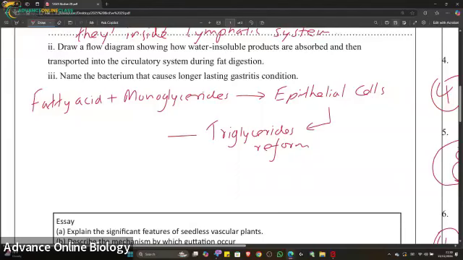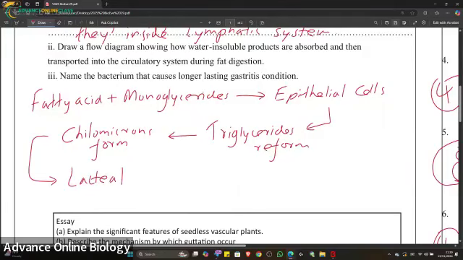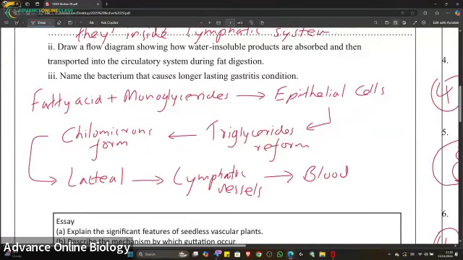And then chylomicrons are going to form. These chylomicrons now enter into the lacteal. From the lacteal, it goes into lymphatic vessels. And then it goes into blood, right? That is the path.